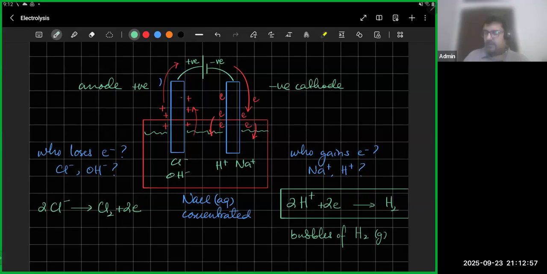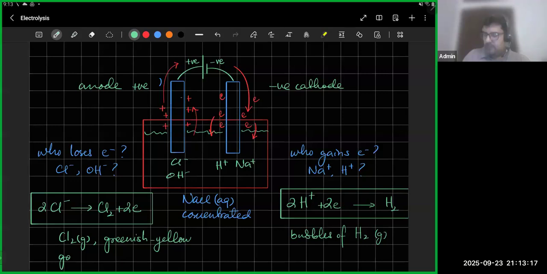So that's what my reaction is going to be. And remember, Cl2 gas is greenish yellow. So you'll see greenish yellow gas bubbles over here.